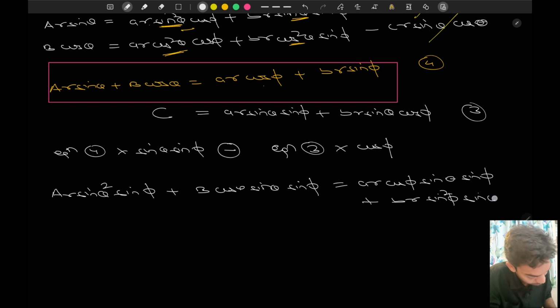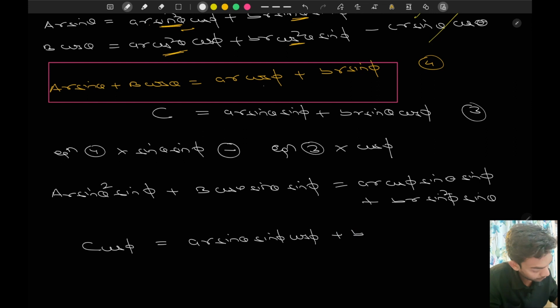So this A term will cancel out. And the C term would give me C multiplied by cos phi is equal to AR sin theta sin phi cos phi plus BR sin theta cos square phi. And now I have to subtract these two equations, right?